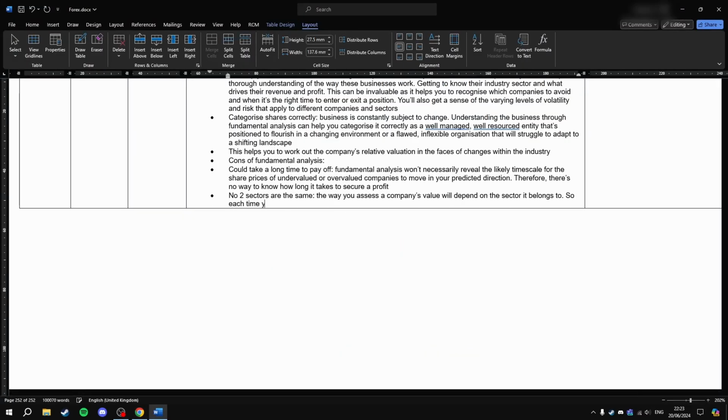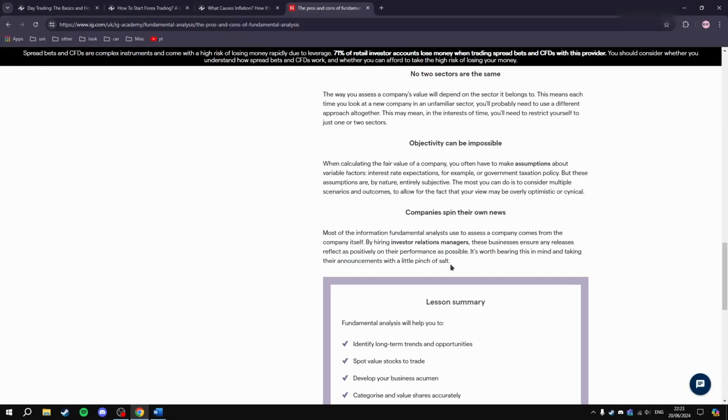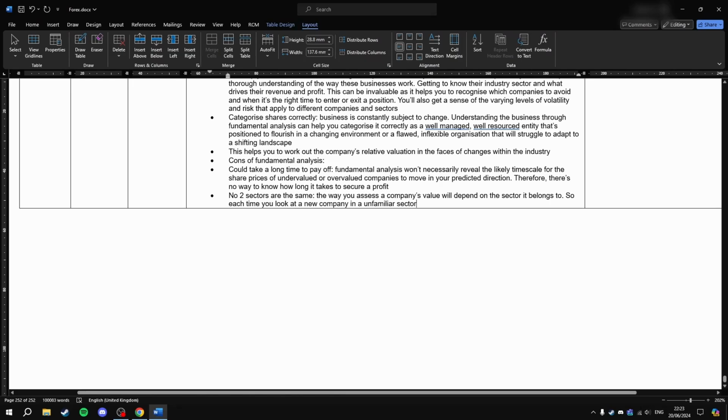So each time you look at a new company in an unfamiliar sector, you'll probably need to use a different approach altogether.